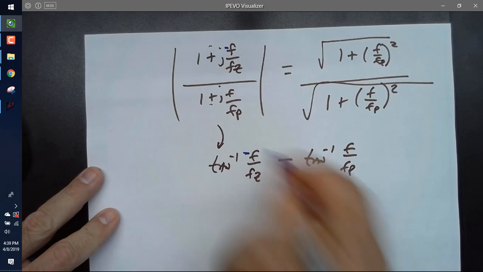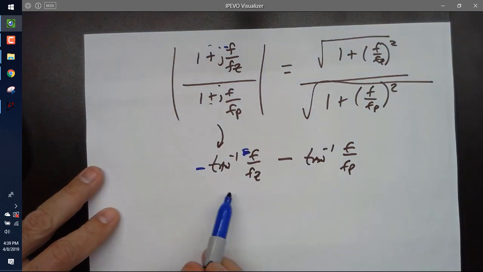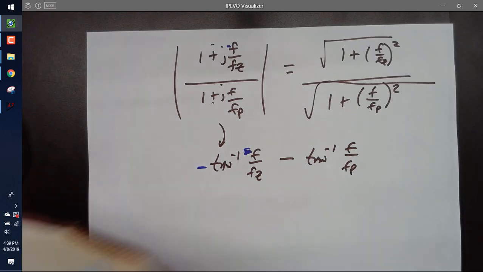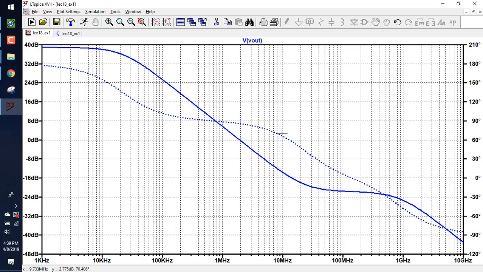Doesn't this become minus f and this become minus here? So isn't the phase shift in the same direction as the pole? That's bad, right? Why? Because now I go back and look at the simulation and say, hey, instead of the phase shift going back up to where it was at low frequencies, it's rolling off. So that right half plane zero has a phase shift which is in the same direction as the pole. That's why it's such a big deal.